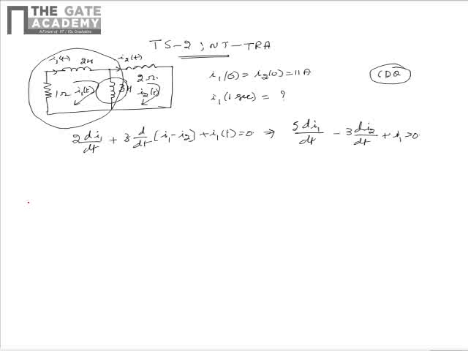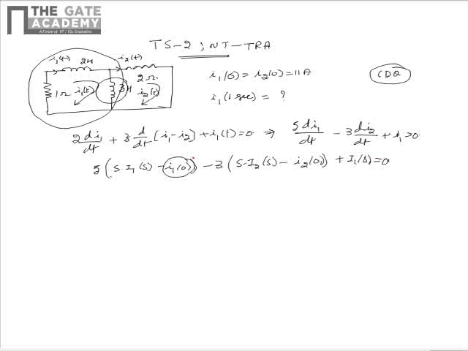Upon taking Laplace transform on both sides of this equation, the equation gets simplified as 5 times the Laplace transform of di1/dt, that is s I1(s) - i1(0), minus 3 times (s I2(s) - i2(0)), plus I1(s) is equal to 0.